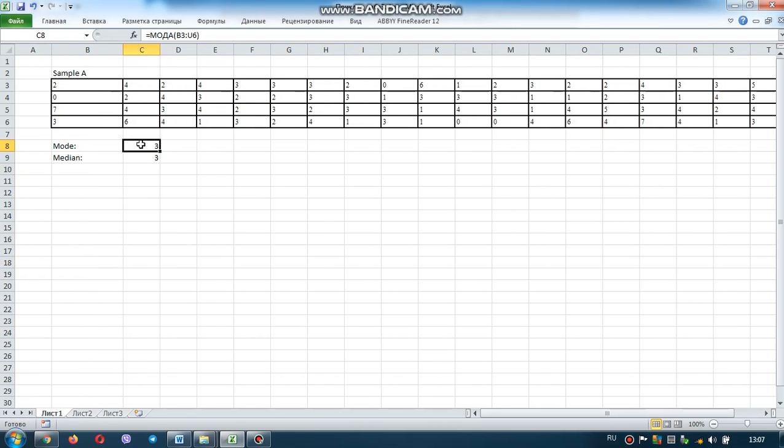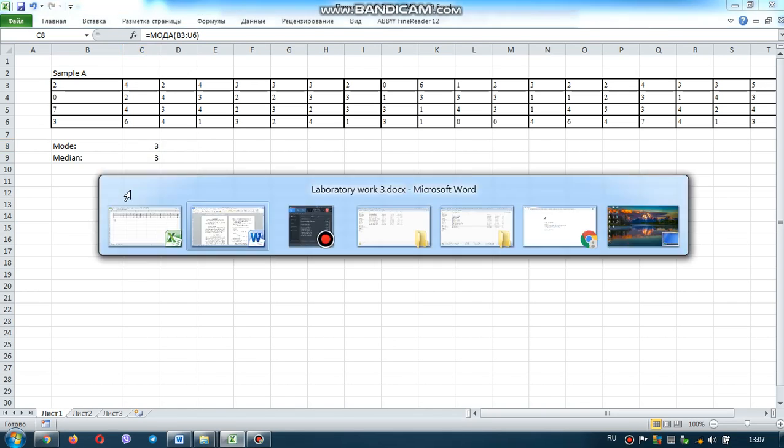So we can see both values coincide, but it's not a rule. They could not coincide in some cases. So let's continue.